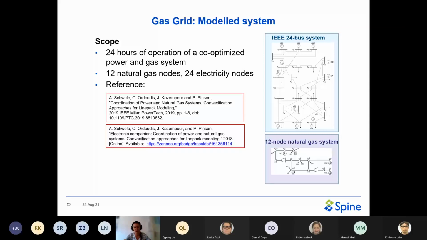And this is also the test system that they described and that we have used for our case study in SpineOpt. And luckily, these guys also published their input data online, which makes it really easy for us to compare our results one-on-one. So thanks for that.